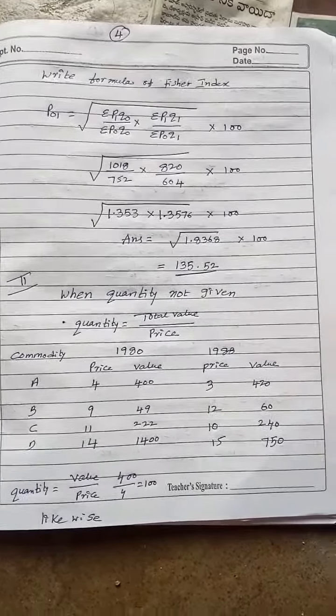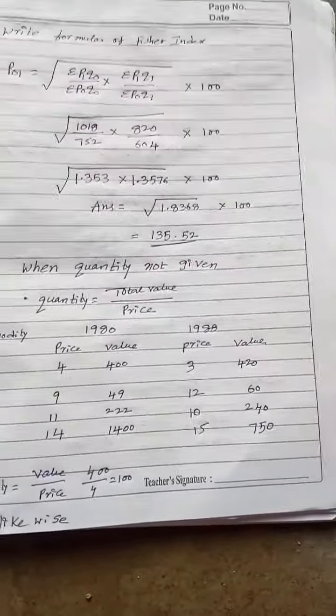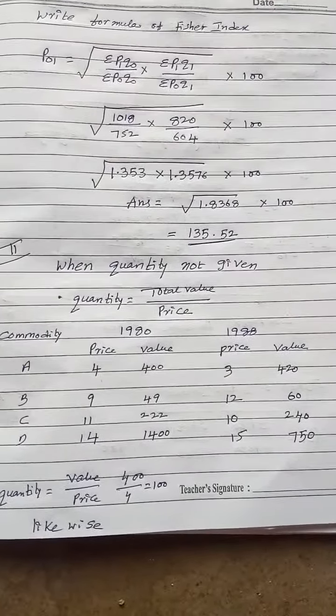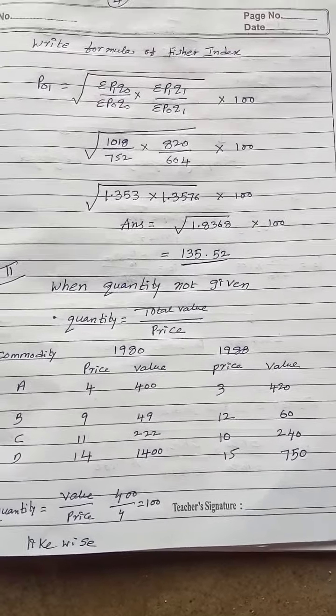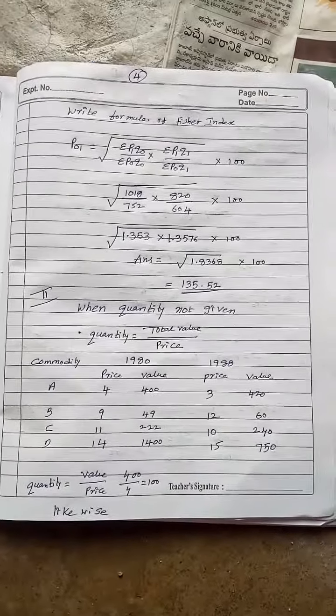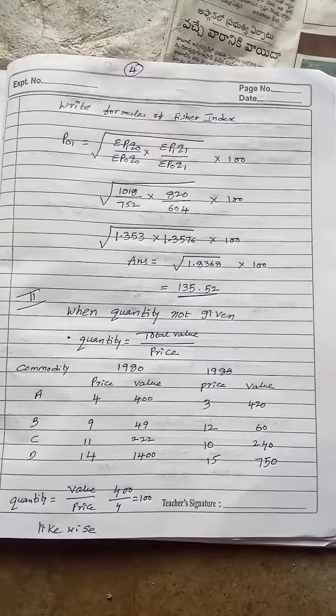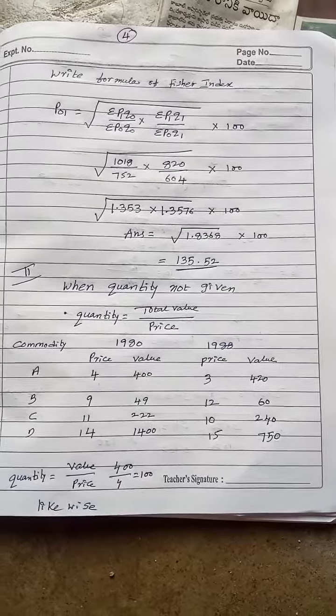One more example I want to give you here. Sometimes they will give price and total value, and they will not give quantity. When quantity is not given, I am saying repeatedly, my dear students, quantity Q1 is equal to total value by price.